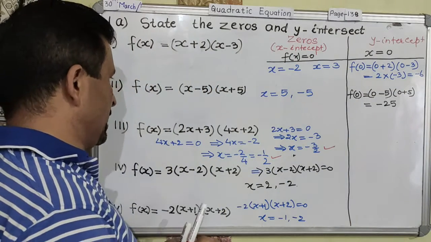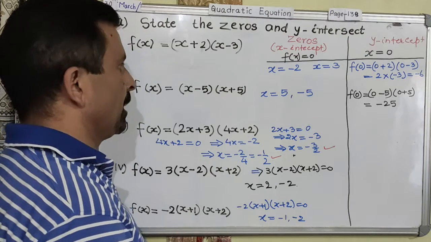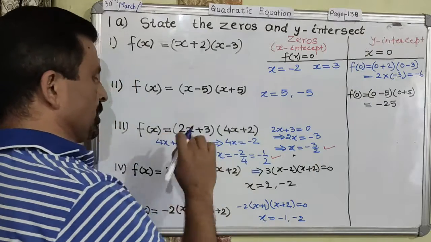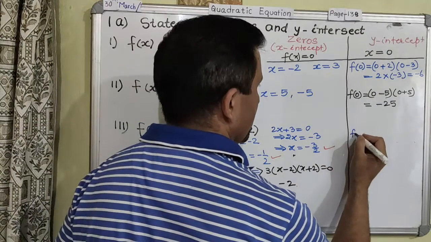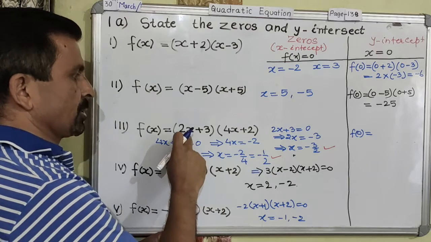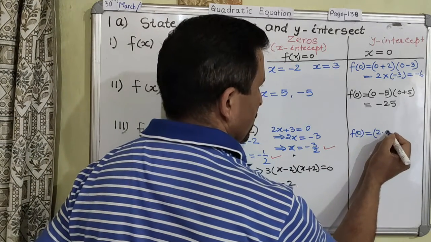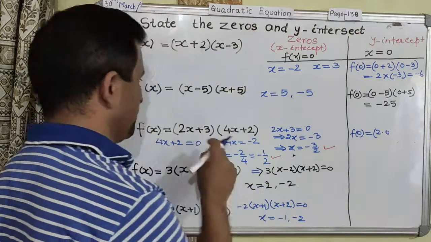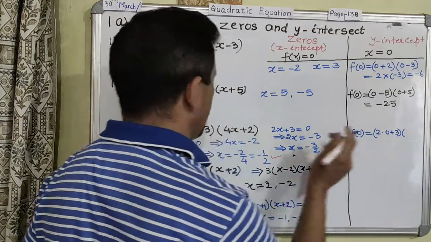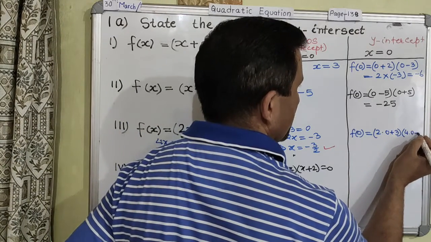Alright. Now let us see equation number 3. We are going to find the y-intercept from this equation. Once again we take x equal to 0. So f(0) is equal to (2 into 0 plus 3) into (4 into 0 plus 2).